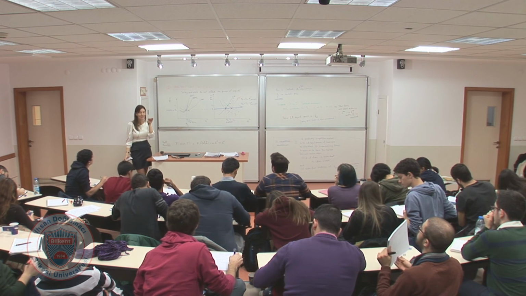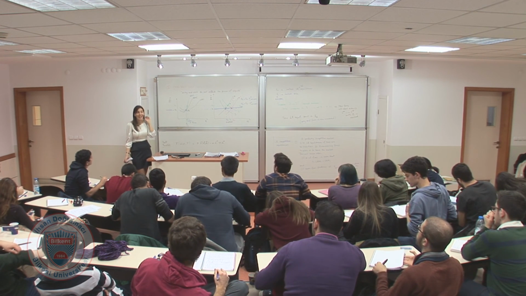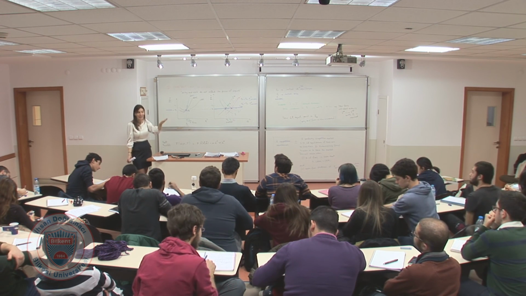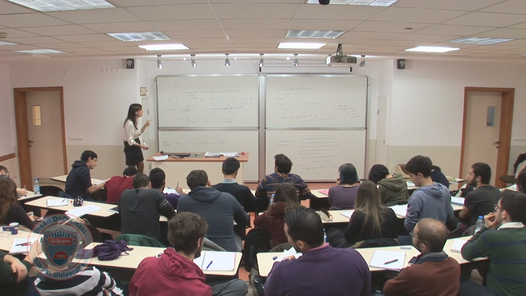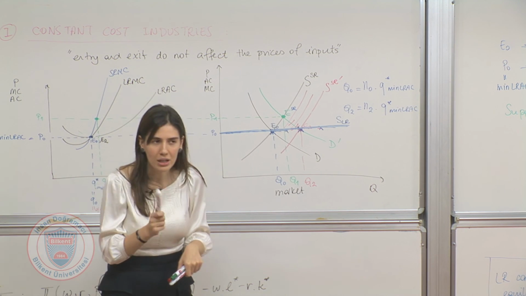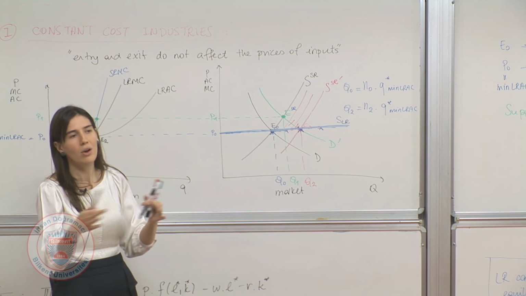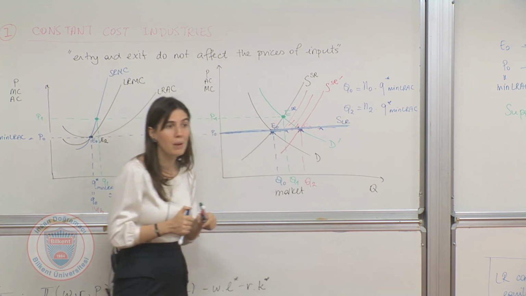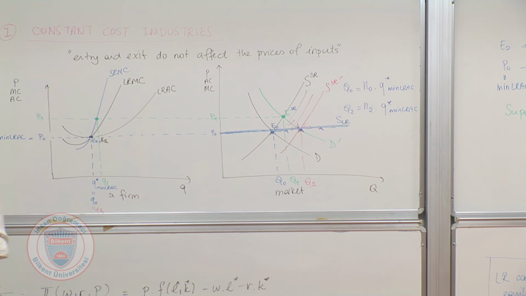In terms of elasticity, it is perfectly elastic, right? So the long run supply curve is perfectly elastic. So in the constant cost industries, when you have price-taking firms, we're going to have a perfectly elastic long run supply curve, okay?